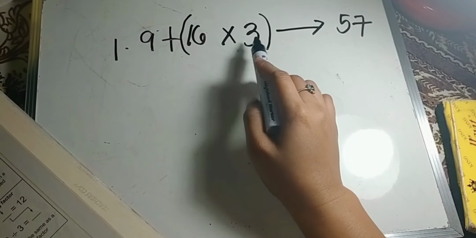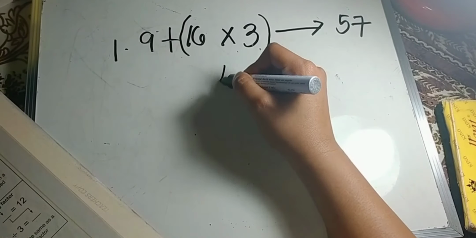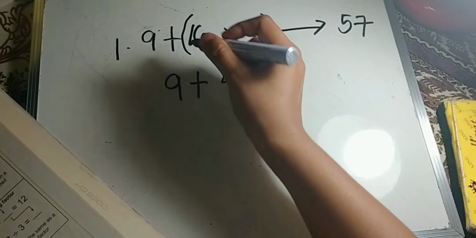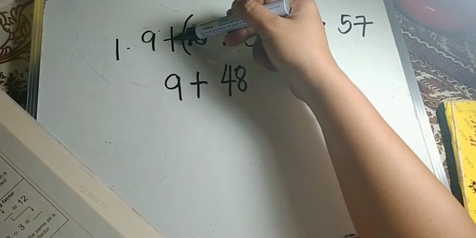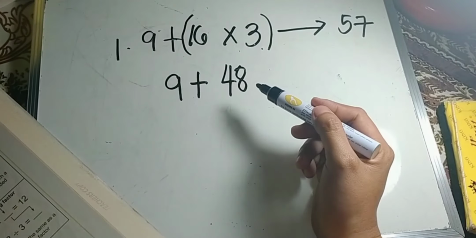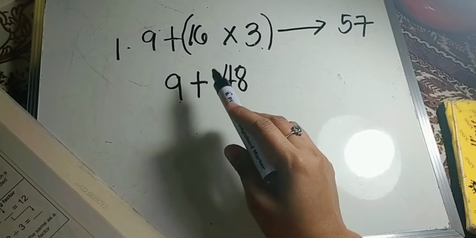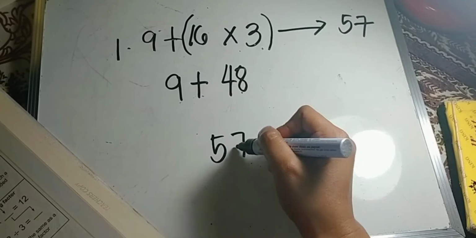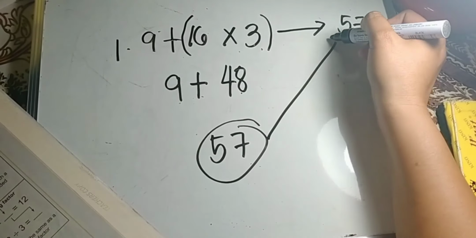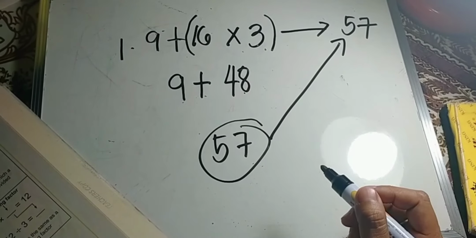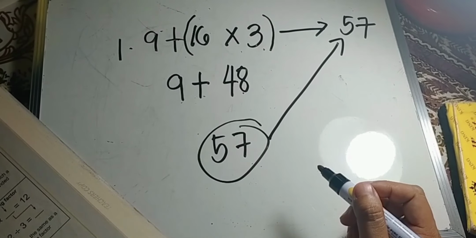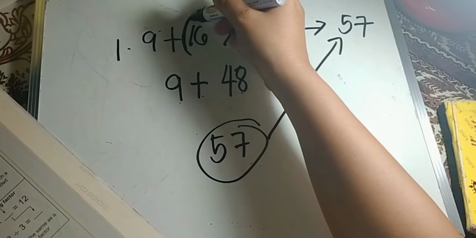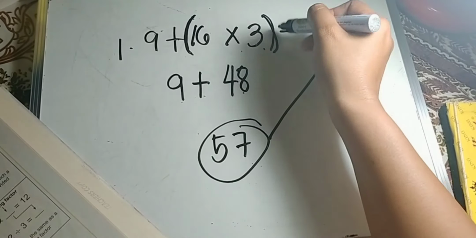Again, 16 times 3 is 48. So, let us copy yung remaining nating operation which is add and 9, yung number natin. And then, 9 plus 48, the answer is 57. So, magkamukha po tayo ng nakuhang sagot. So, therefore, ang parenthesis natin, ang tamang sagot o ilalagay natin sa 16 and 3.